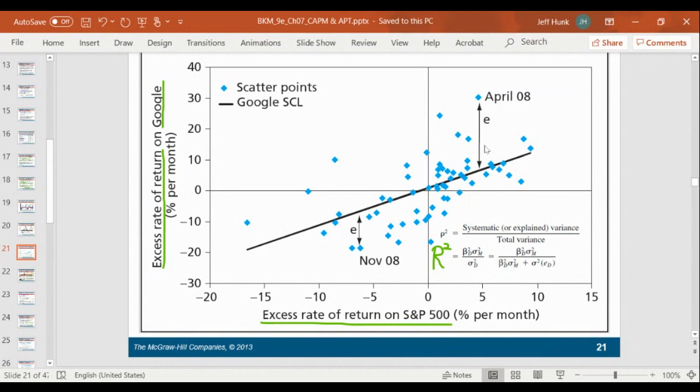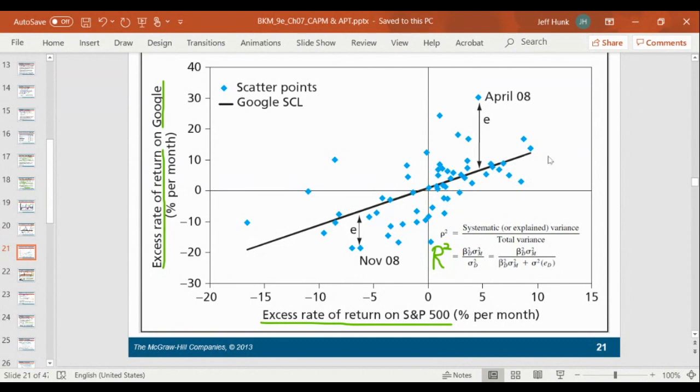Look, all of these distances are basically forecast errors or residuals, because if Google is in equilibrium, then Google and the market will exactly fall on the line.